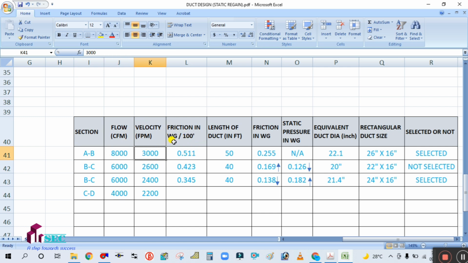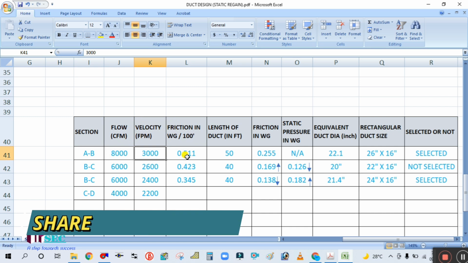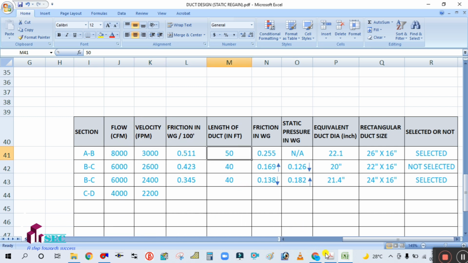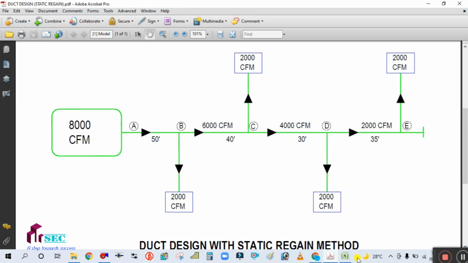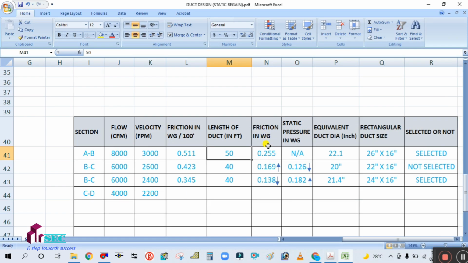So we get a 0.5 friction loss per 100 feet, and the duct length is 50 feet. So the friction loss is 0.255 for 50 feet of duct length. Static pressure is not applicable. The equivalent duct diameter and duct size are taken from the duct sizer and selected.